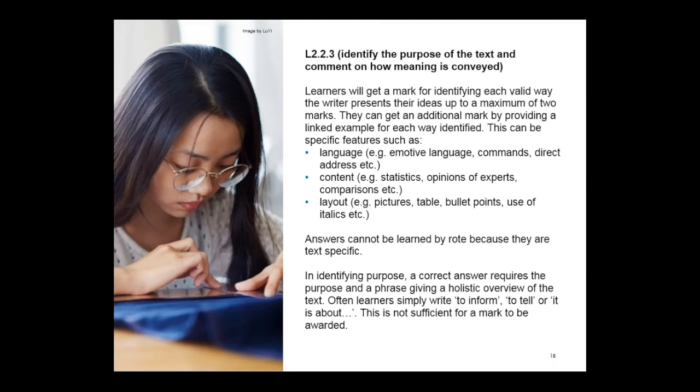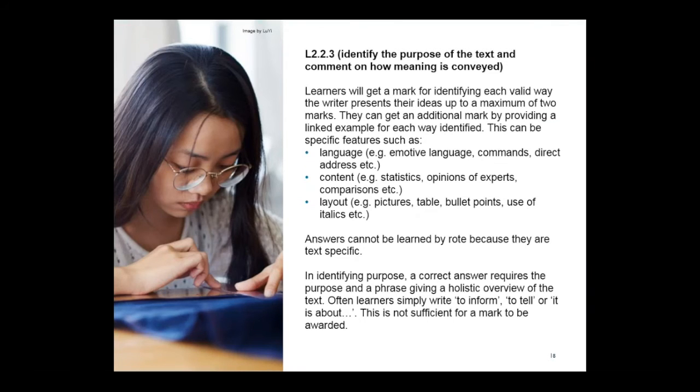L2.2.3. Identify the purpose of the text and comment on how meaning is conveyed. Learners will get a mark for identifying each valid way the writer presents their ideas, up to a maximum of 2 marks on this type of question.